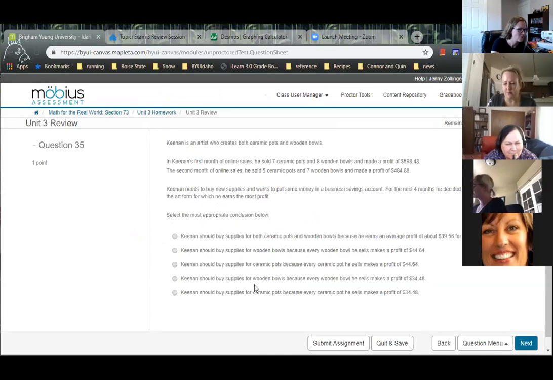I'm going to assume ceramic pots. He makes a profit of the 34.48. We didn't really figure that one out. And so I am thinking here where it says, okay, he should buy supplies for wooden bowls because every wooden bowl makes that profit of $44.64, and he's not making as much profit off of the ceramic pots, right? He's only making $34.48, and so he makes more money from the wooden bowls.